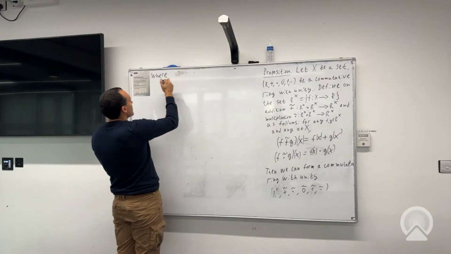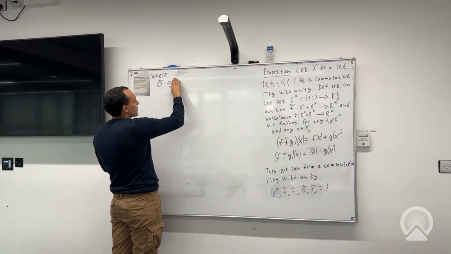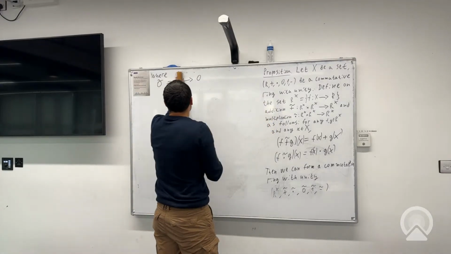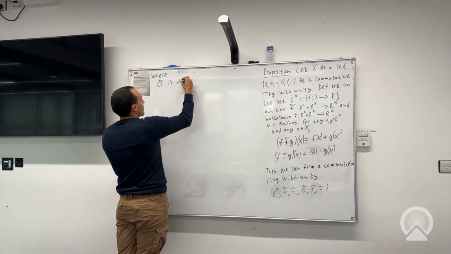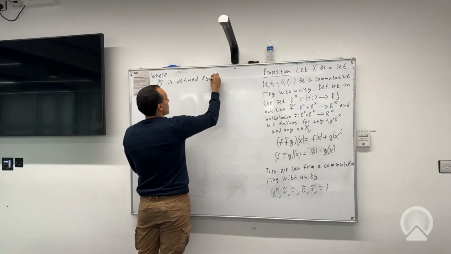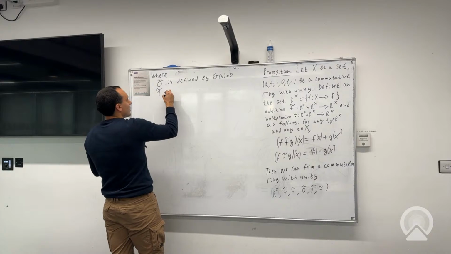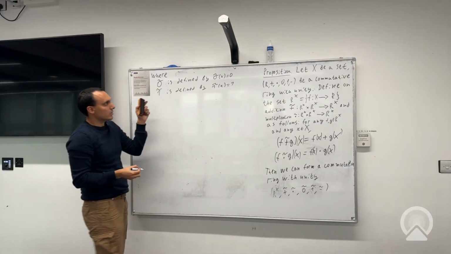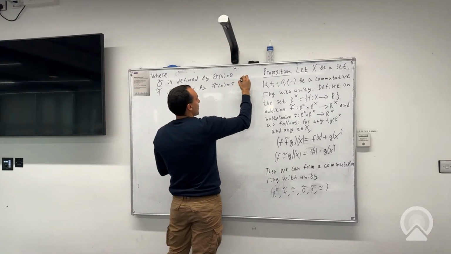The zero function is the function that maps every x to 0, and 1 is defined by 1 of x equal to 1. So these are the constant functions.